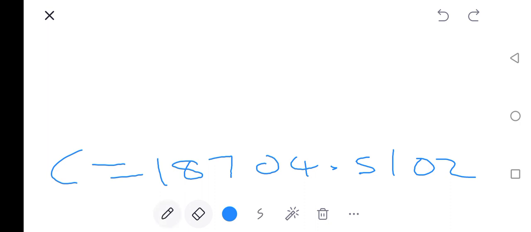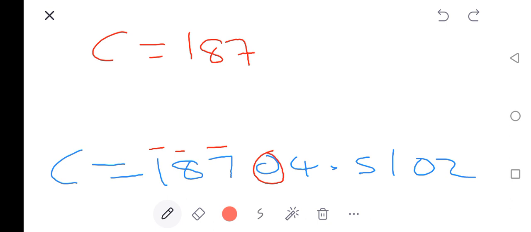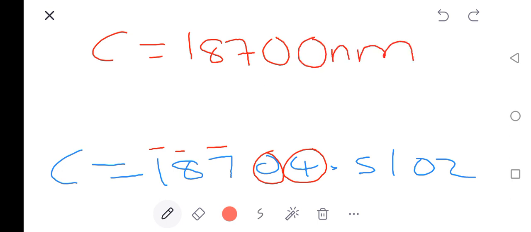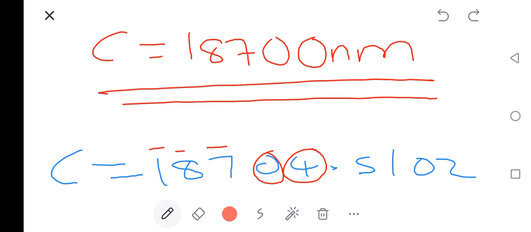So our circumference is 187, and the last numbers become zeros, 18,700 nautical miles. So that's our circumference. That's the distance of that circle called 30 degrees.